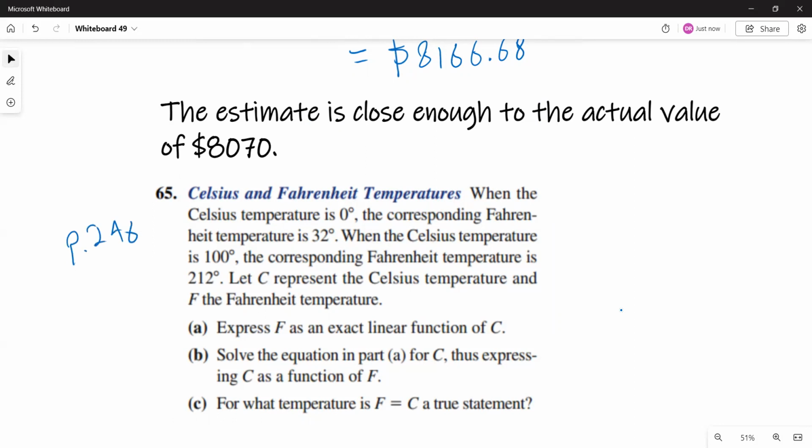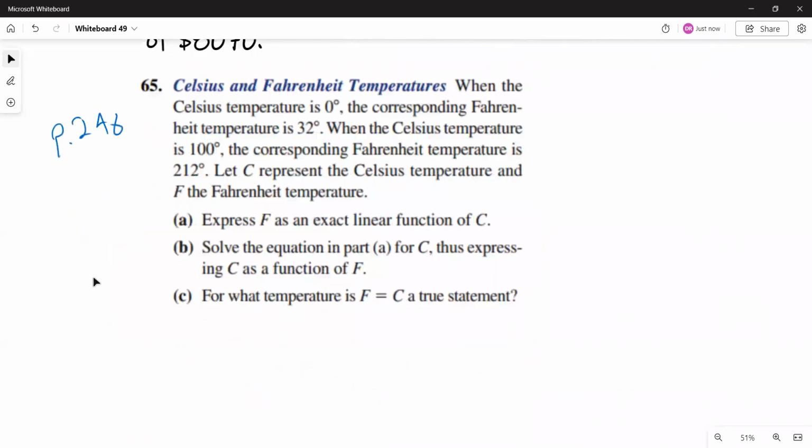When the Celsius temperature is 0 degrees, the corresponding Fahrenheit temperature is 32 degrees. When the Celsius temperature is 100, the corresponding Fahrenheit temperature is 212 degrees. Let C represent the Celsius temperature and F represent the Fahrenheit temperature.